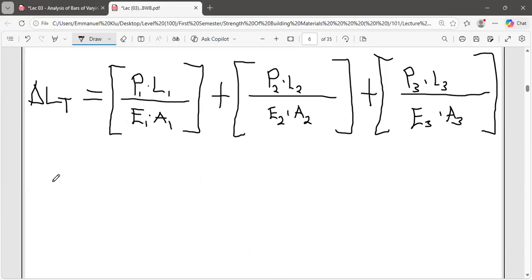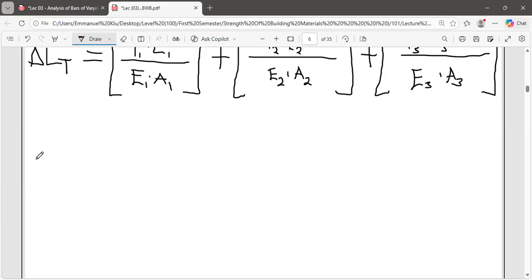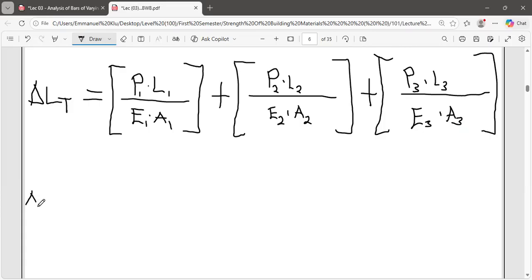So finally, my total change in length: I'm going to bring P out, and I'm also going to bring E out because they are the same for all.